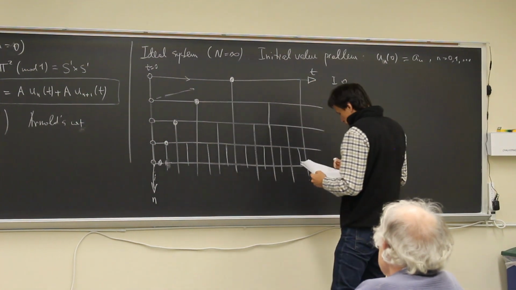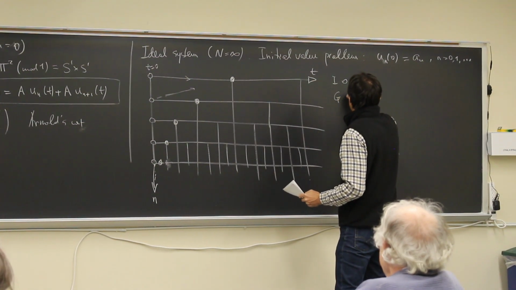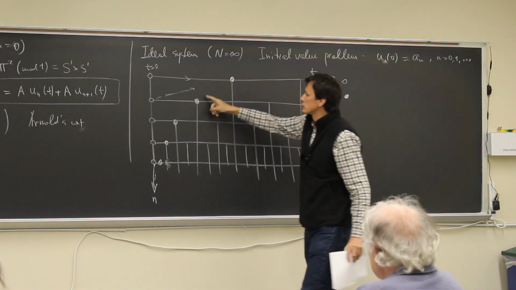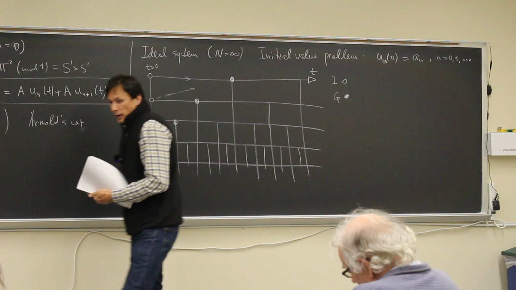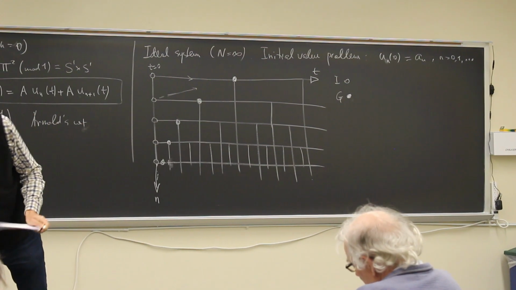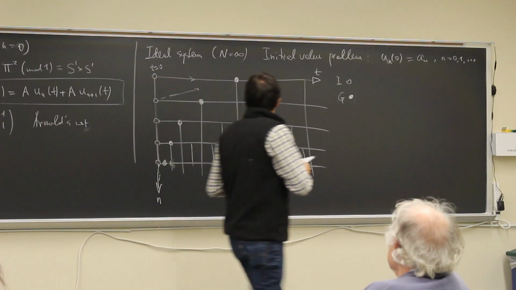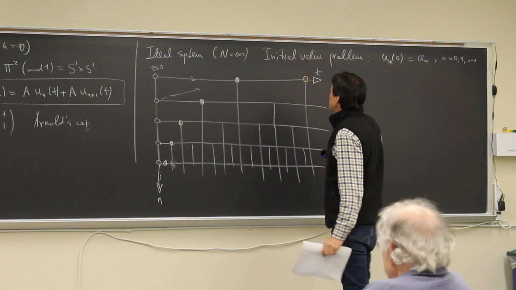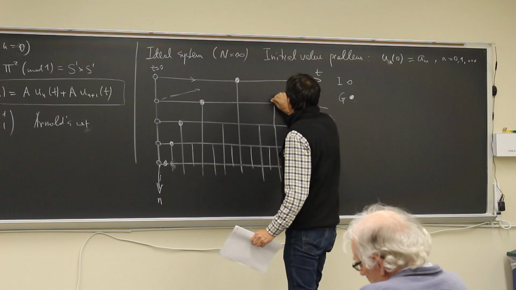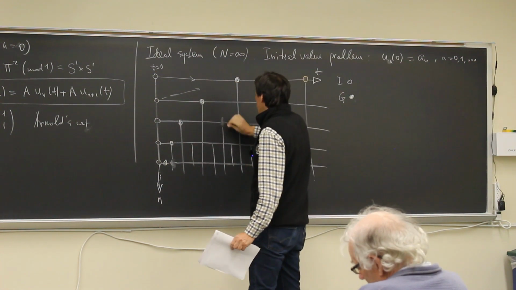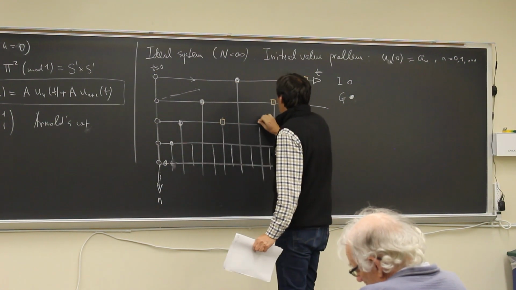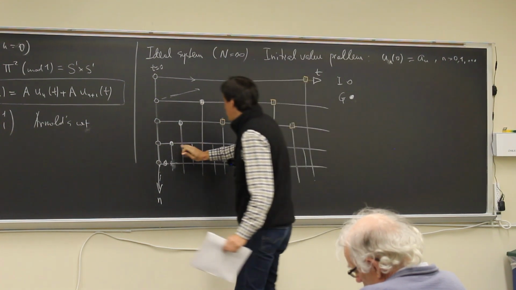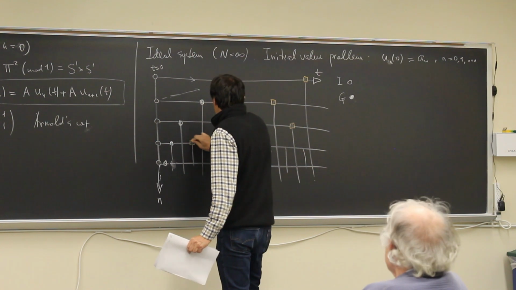I call it, for some reason, G. So this is the set of points where we already know the solution uniquely. And then it becomes harder. It turns out that you can put an arbitrary value here, and an arbitrary value at every point which is in the middle of the upper cell.